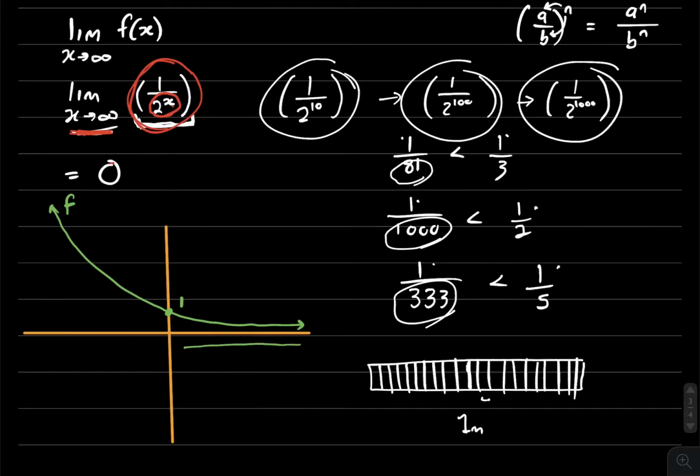As x gets bigger and bigger and bigger, as it's approaching infinity, y is getting smaller. The function keeps going down, down, down, down, closer and closer to 0. Okay? So f of x is approaching 0 as x approaches infinity.